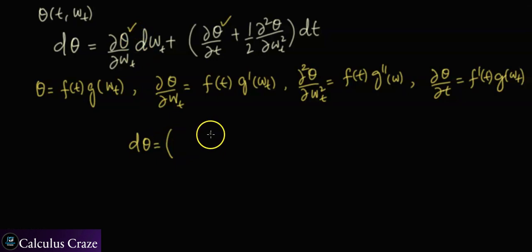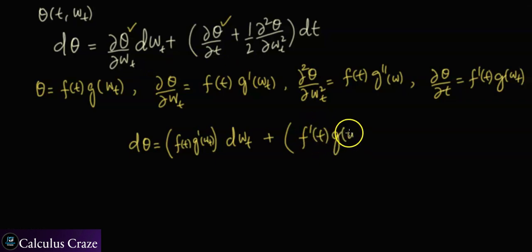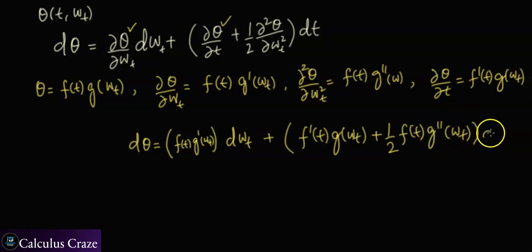First I will put the partial derivative of theta with respect to Brownian, which is f of t times the derivative of g, dW sub t, plus the time derivative of theta, which is f derivative times g of W, plus 1/2 times f of t multiplied by the second derivative of g, dt. Or we can write it in a better form.